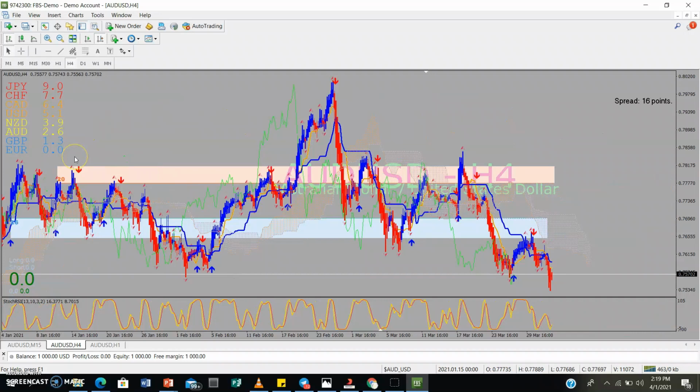So 0 is the lowest strength and 10 is the highest strength at that moment, right? And then obviously 5 will be the middle point, basically showing you that there's medium momentum, medium strength within that pair or that currency, right?